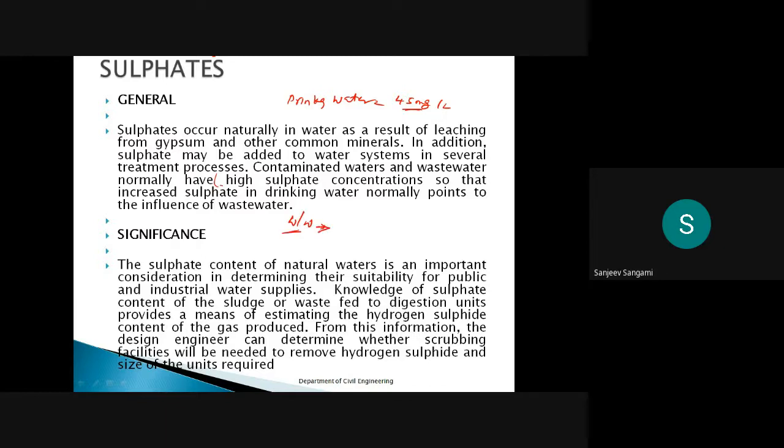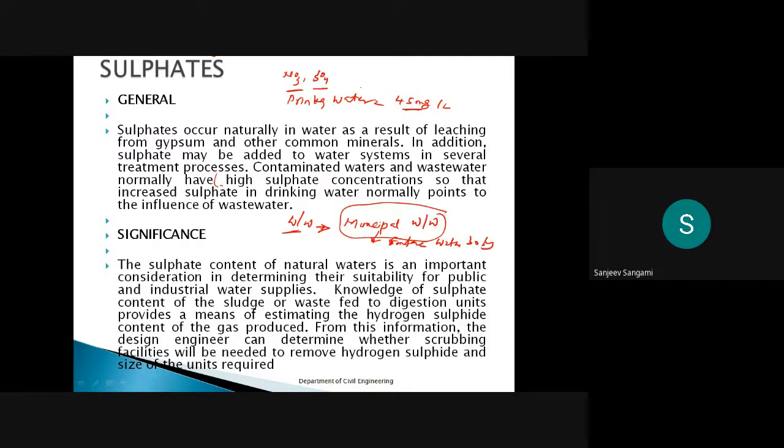If municipal wastewater, meaning wastewater from your latrines, is joining a surface water body, then definitely the sulfate is going to enter the surface water, because human feces consist of NO3 and SO4, nitrates and sulfates.